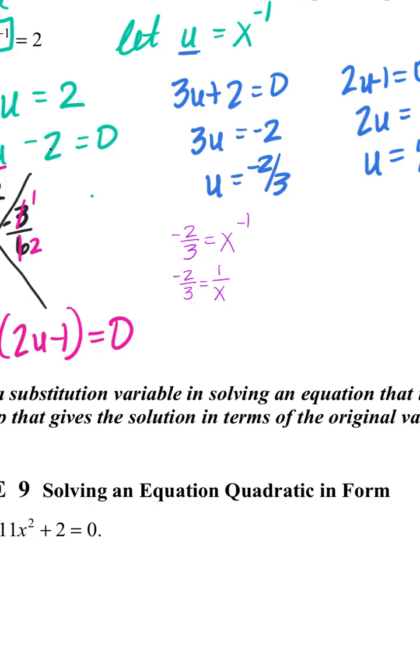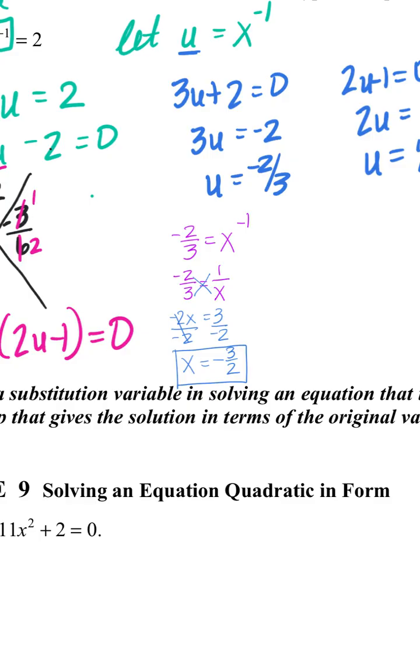So basically what you're going to do here, the easiest way to explain it, I think, would be to just cross multiply here. So you got negative 2x equals 3, and then divide by negative 2. X equals negative 3 over 2. So this times this. That's kind of the easiest way to explain when you have a negative exponent.